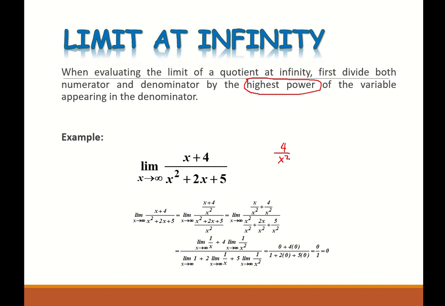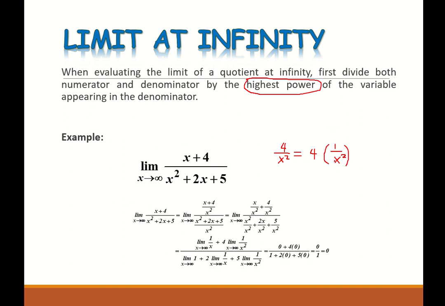So this 4 over x squared can be written as 4 multiplied by 1 over x squared. I hope it's clear. It's clear, class?